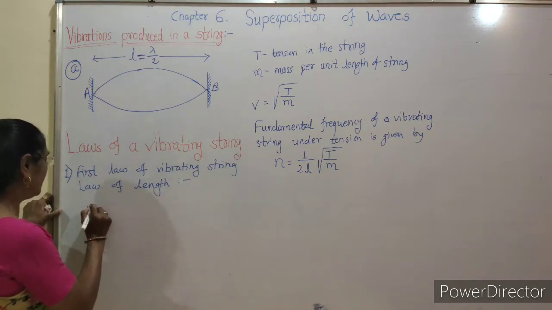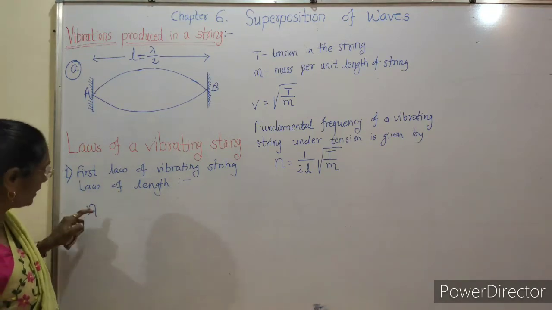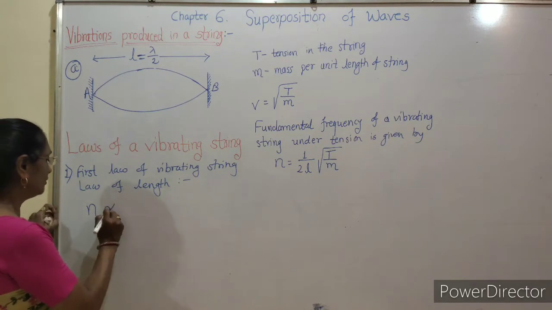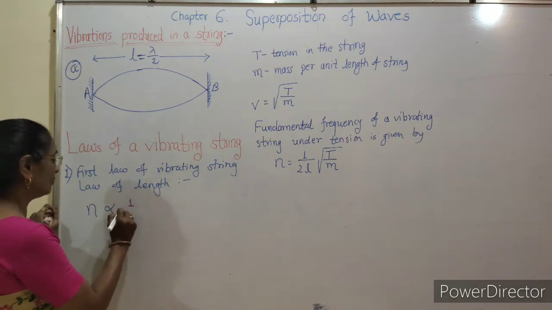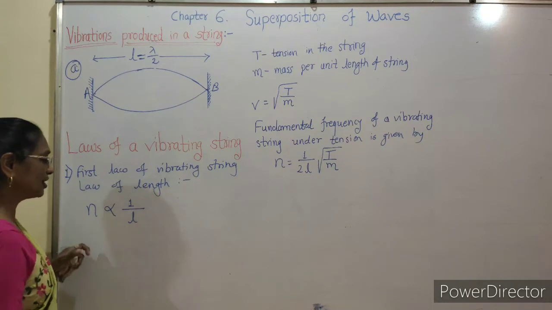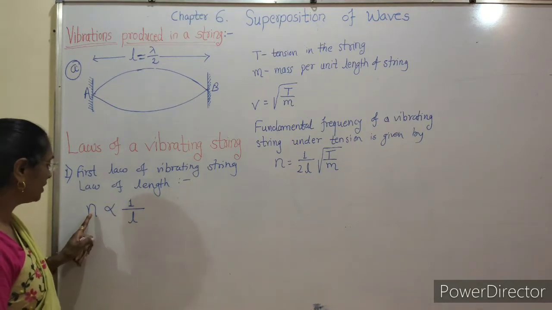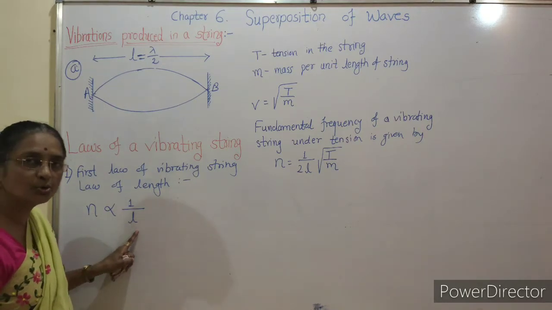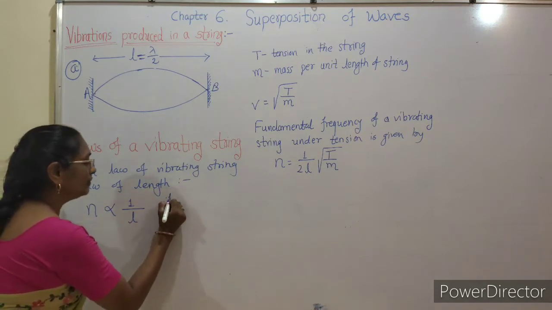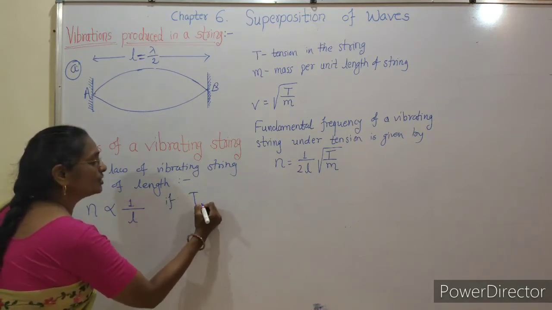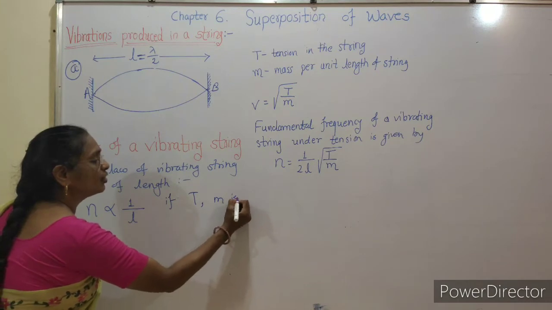Here if we take the proportionality between n and l like this, n is inversely proportional to l if T is constant, M is constant.